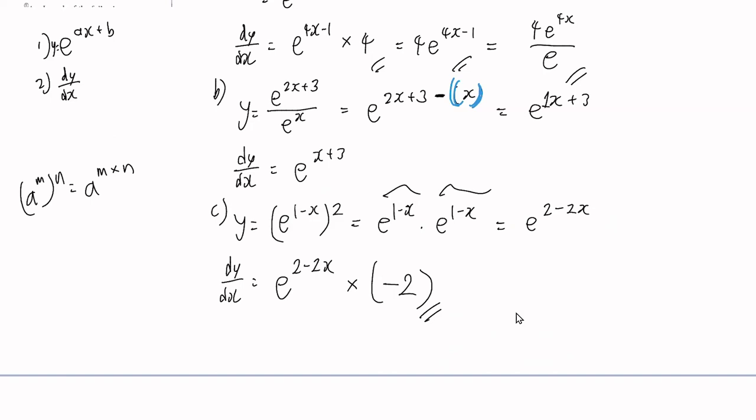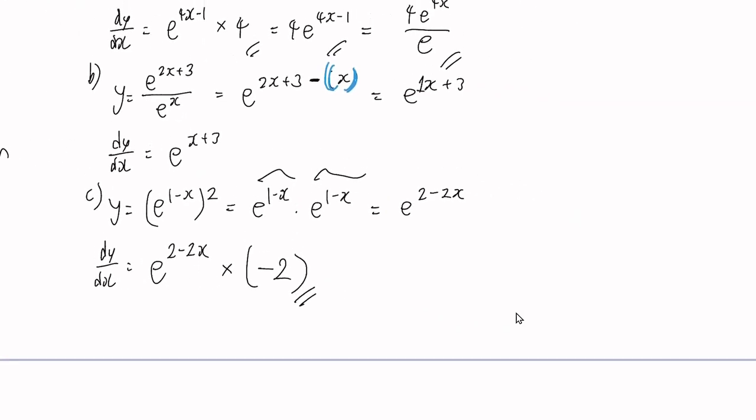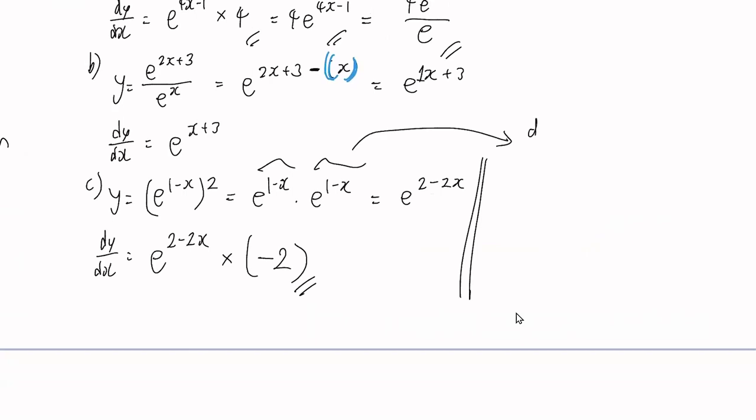Okay, now let's try it using the long-winded product rule. Product rule for this one is a bit overpowered. But anyway, dy by dx, if you use the product rule: keep one, differentiate the other. Differentiate e power minus x, copy and paste, times a negative 1 by the chain rule.